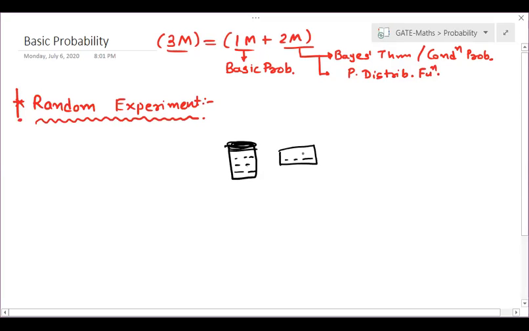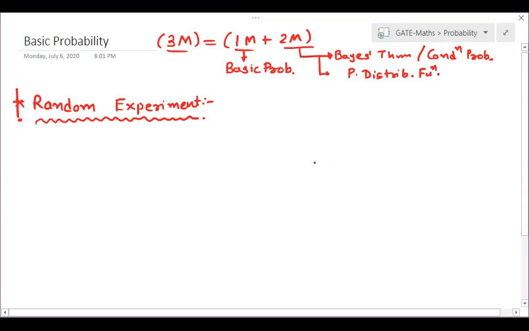What will happen? This water will go outside or not? So is this experiment random or deterministic? Deterministic, isn't it? Because we know that water will fall outside of the bottle towards the ground.